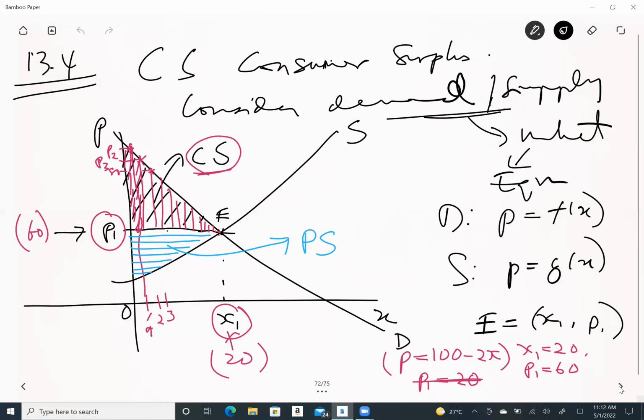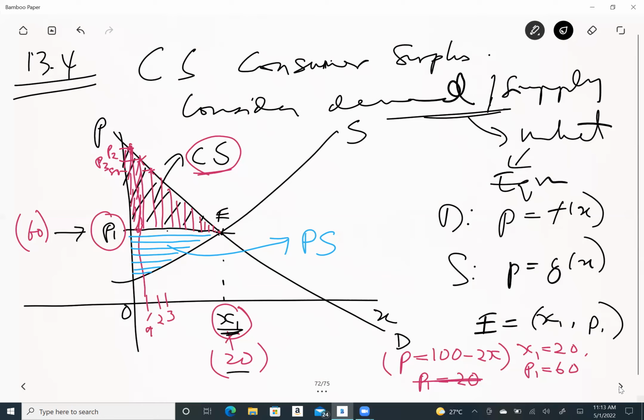Now, how do you determine the extra benefit? You determine the extra benefit by looking at what? By looking at the difference between the price that I get as the seller and the price I'm willing to sell at different quantities, less than the market quantity, less than X1.